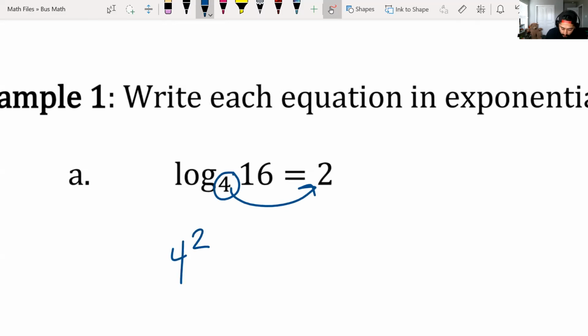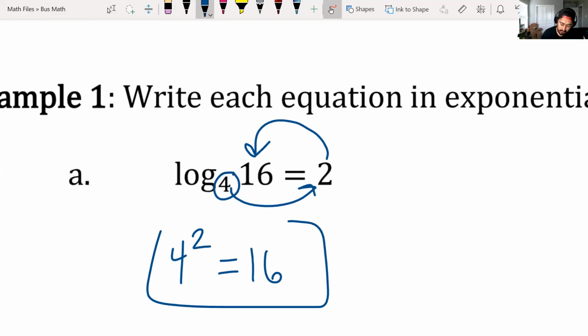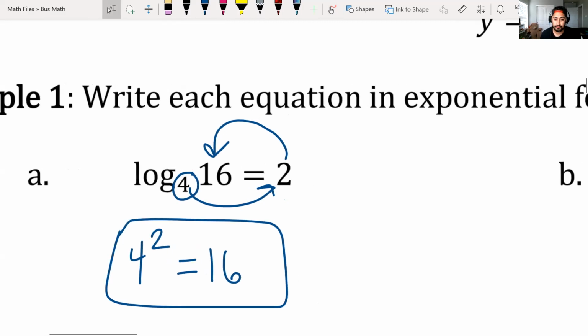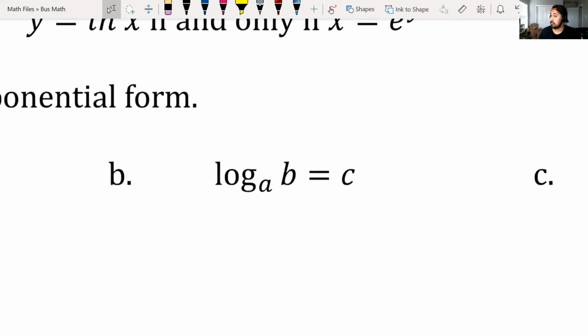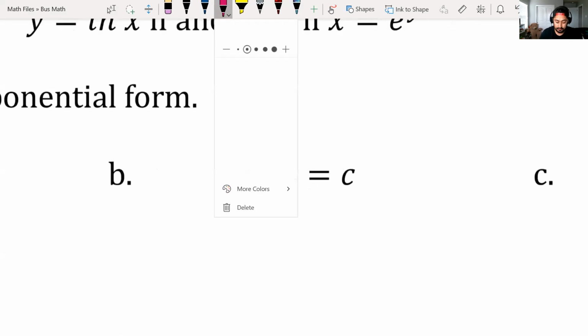You get 4 squared, and then we set it equal to the inside number of the log, which is 16. That's it. Nothing else. Now, does that happen to be a true statement? Yes. That's it. That's all we wanted. Nothing more to it. B, again, practice.